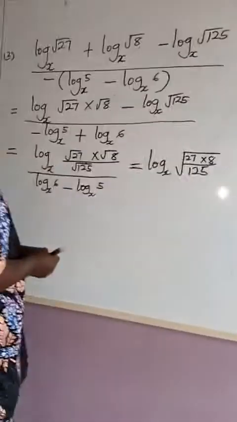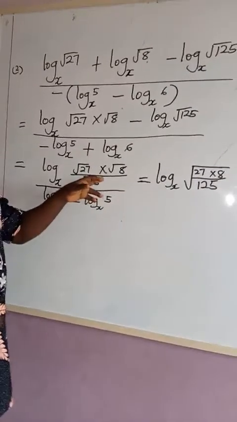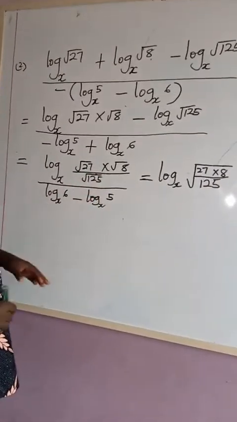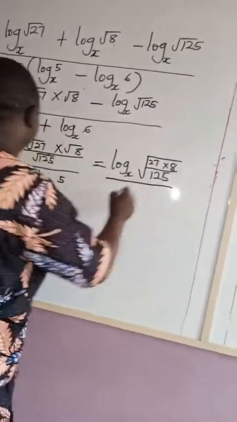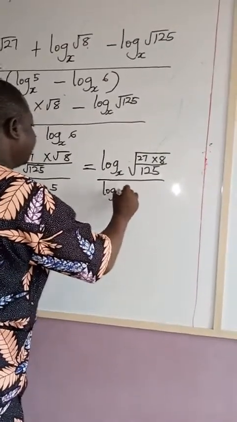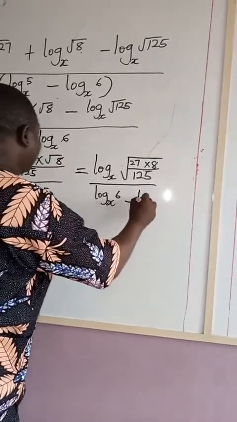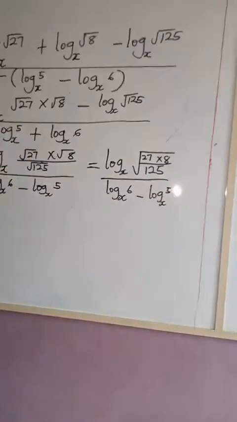So all of them are enclosed in the same rule, according to that rule that guides the principle of sum. So all over logarithm of 6 in base x minus logarithm of 5 in base x.